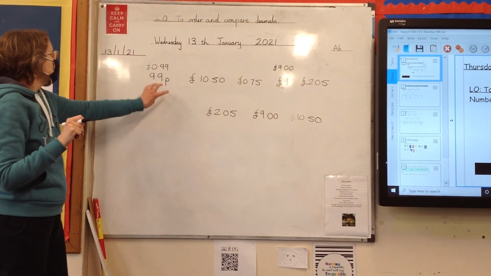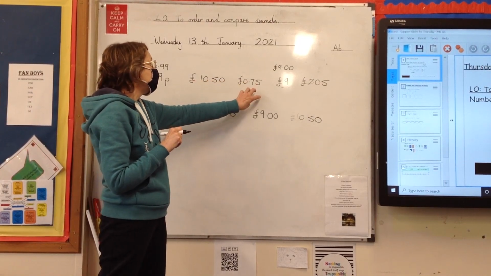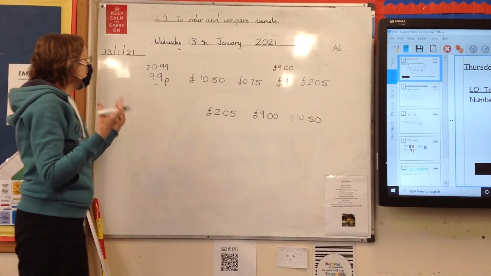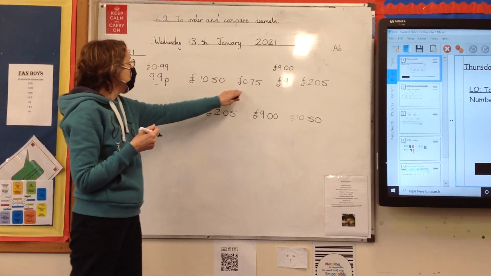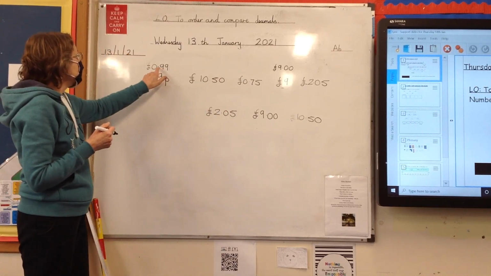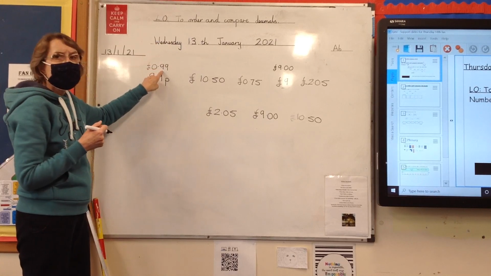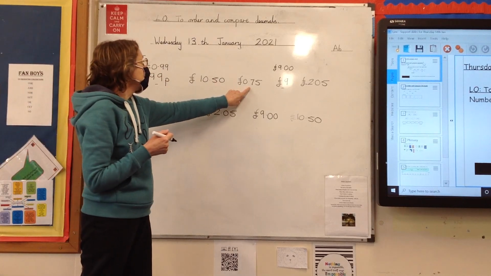That leaves us with 99p and 75p. Now, from your knowledge of money, you probably know the answer to that already. But in terms of decimals, let's have a look. We haven't got any whole ones in either, but we need to look at the next column. You always look at the next column. So start with the tenths column. We've got 9 tenths in there, 7 tenths in there.